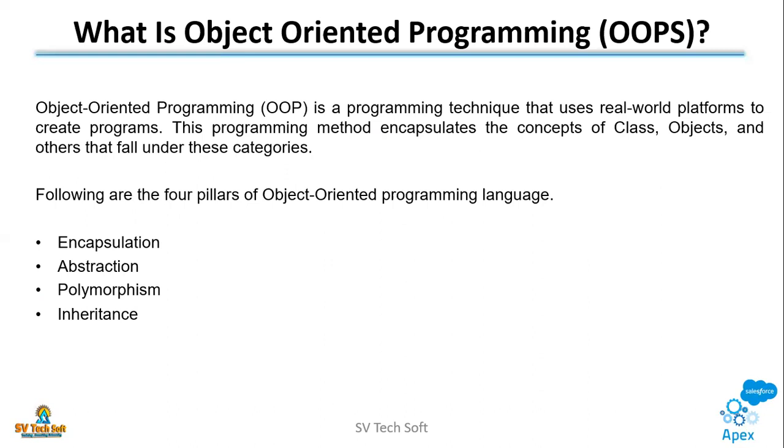What is the meaning of object-oriented programming language? OOPS is nothing but object-oriented programming. It is a programming technique that uses the real-world model to create programs.